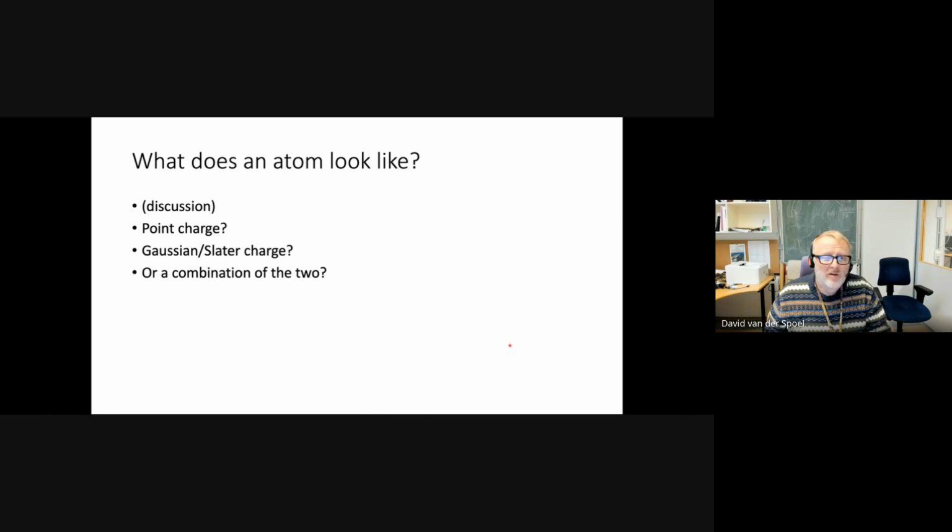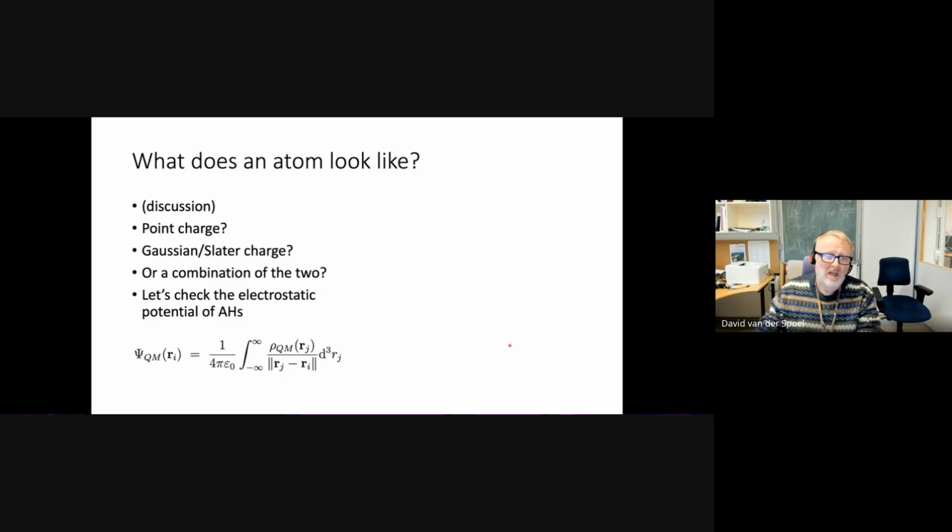So in the simplest form that we have used recently, we combine a point charge with a Gaussian charge on top of each other. And if we look back at alkali halides, let's look at some electrostatic potentials that we can calculate from quantum mechanics. The electrostatic potential is a function of distance from the atom.